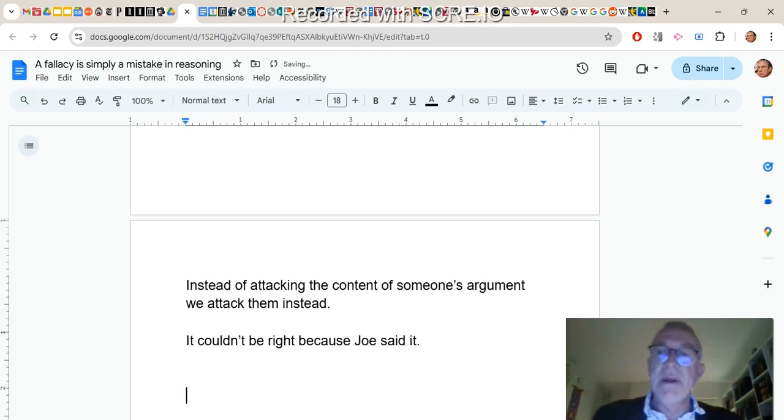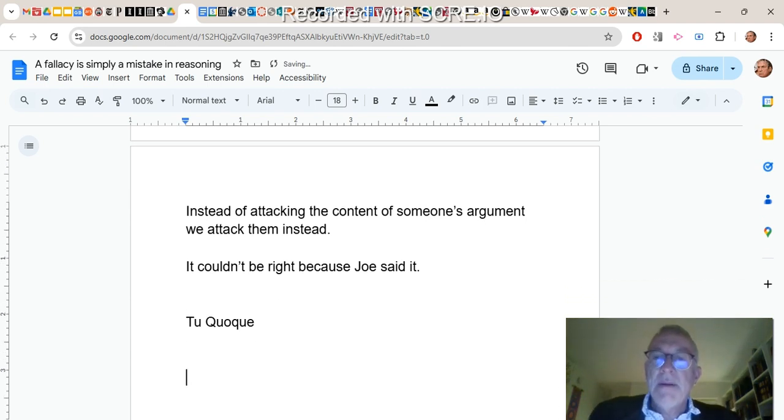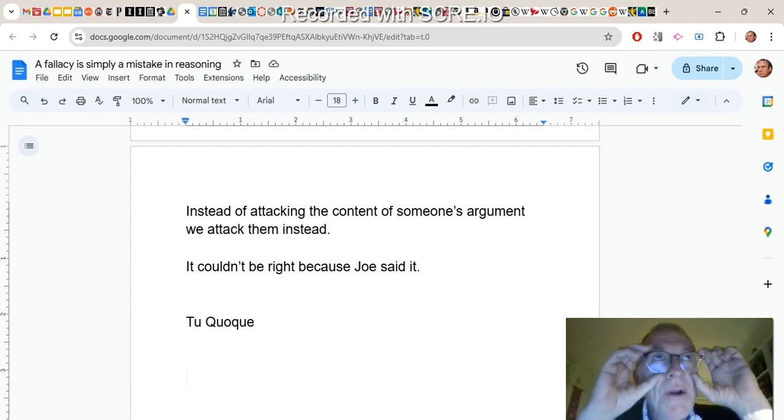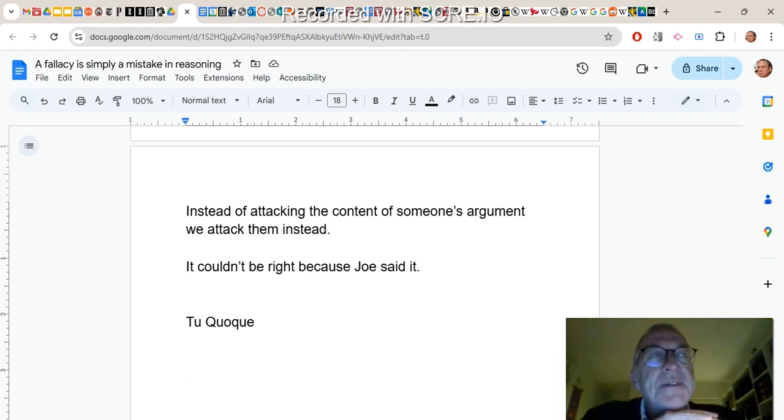And then another Latin one, tu quoque. Say that Jane gives us an argument about why it's really the worst political sin to lie. And she gives an argument about how lying undermines trust in politics and how it muddies the waters and has all these bad effects.